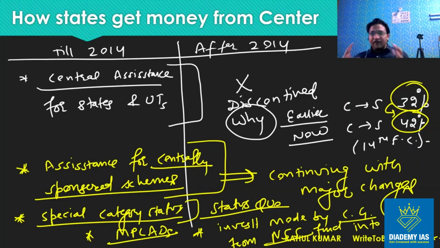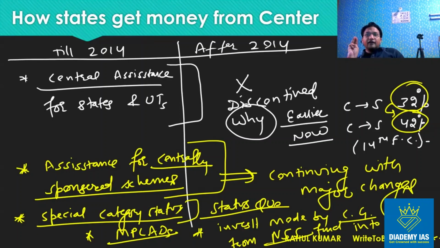So all these are the different mechanisms which have been used from time to time, and as of now, the major routes are three. One, Finance Commission. Two, centrally sponsored schemes.